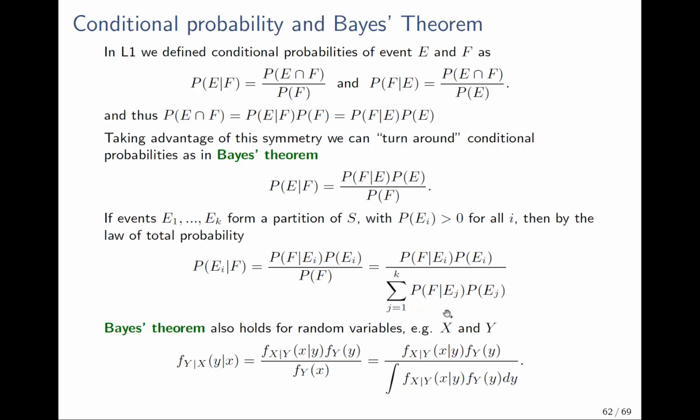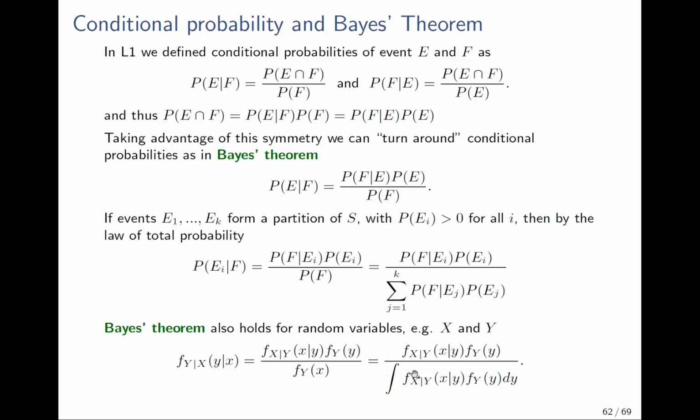And then we showed if for a partition of the sample space, we can use the theorem of total probability to express things in this way. Now, Bayes' theorem holds for events, but it also holds for random variables. So the conditional density of y given x can be written in terms of the conditional density of x given y times the density of y, so that's the joint density of x and y, divided by the marginal density for x.